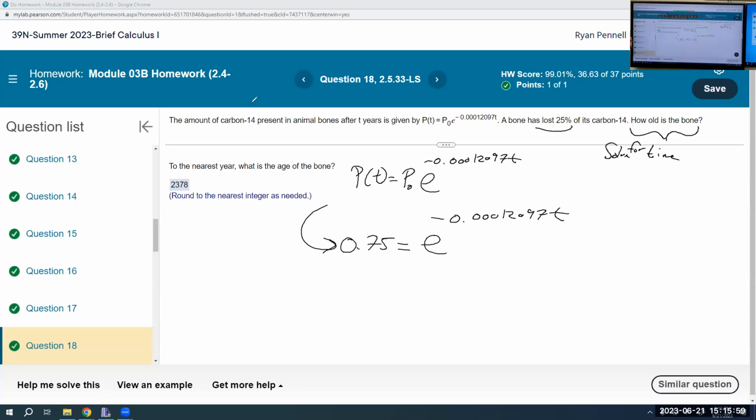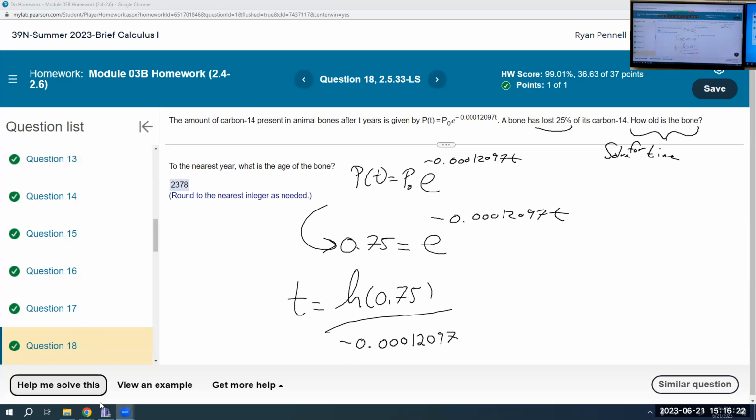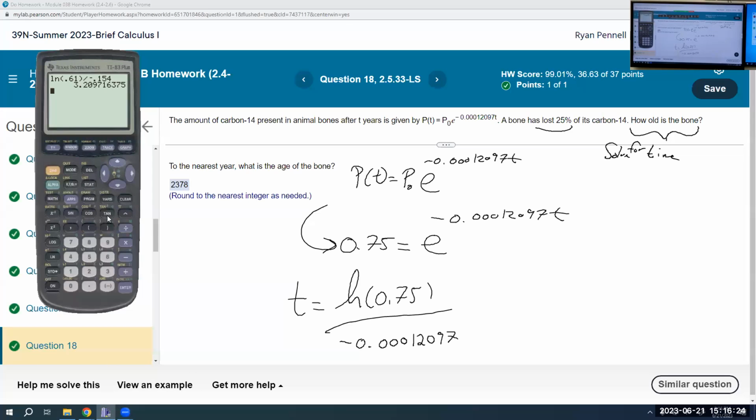Now solve for t. t equals what they give you here. Percent.